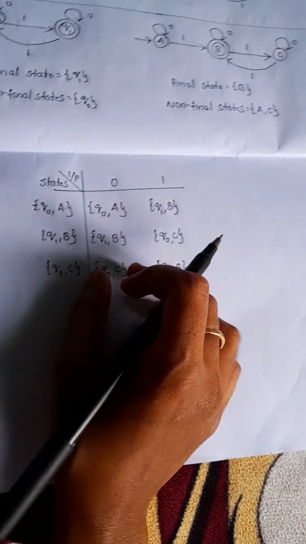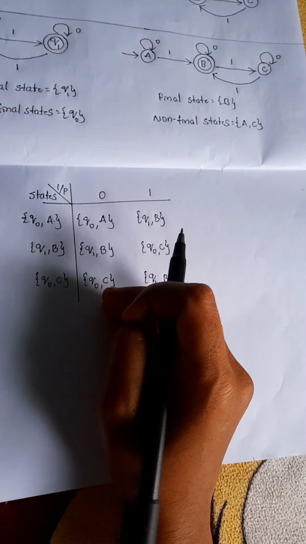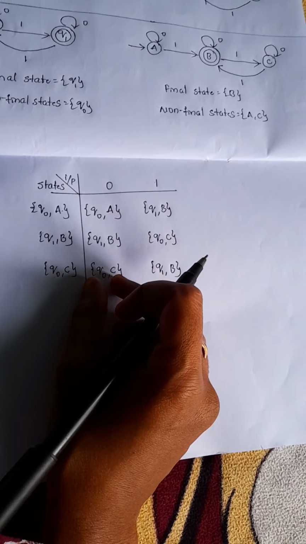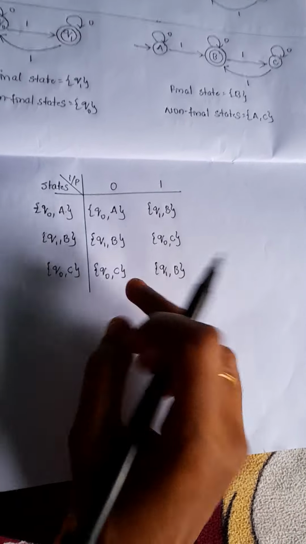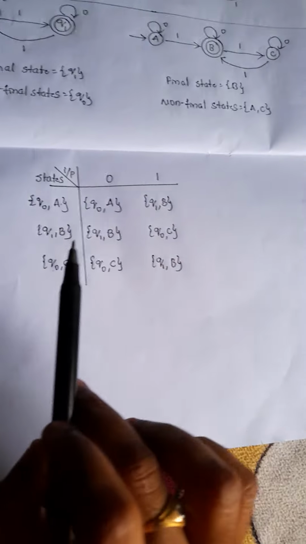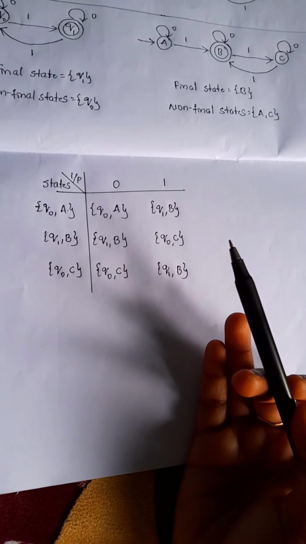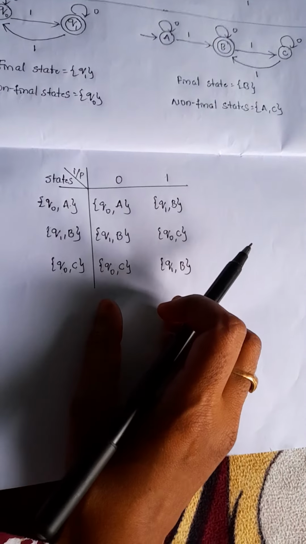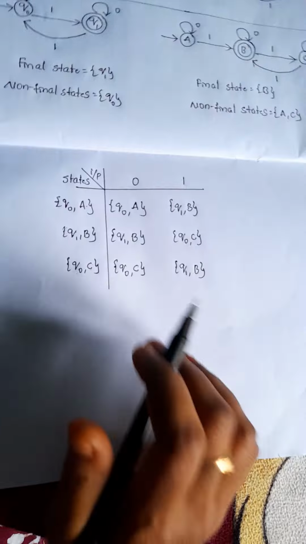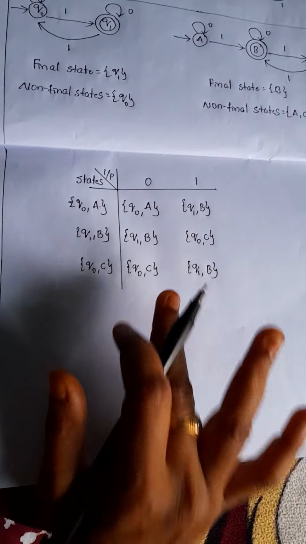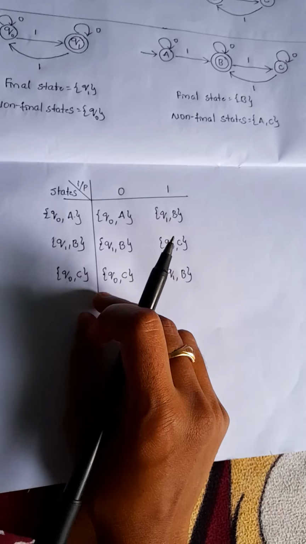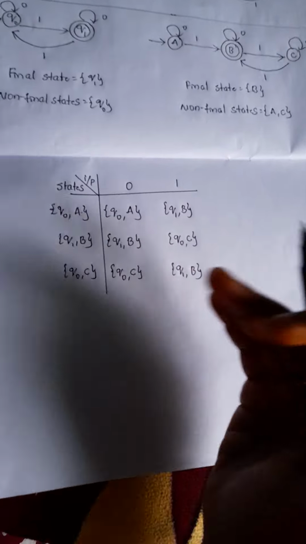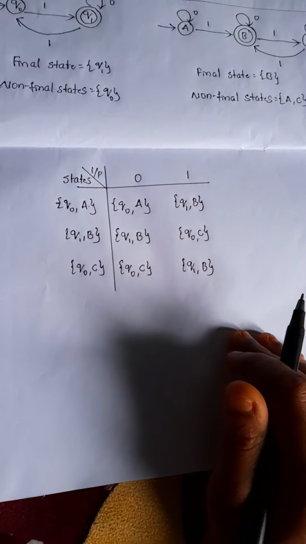There should not be a combination of one final state and one non-final state. If you got it like this, then these two finite automata are equivalent. But if you got any pair with one final state and one non-final state, then those finite automata are not equal.